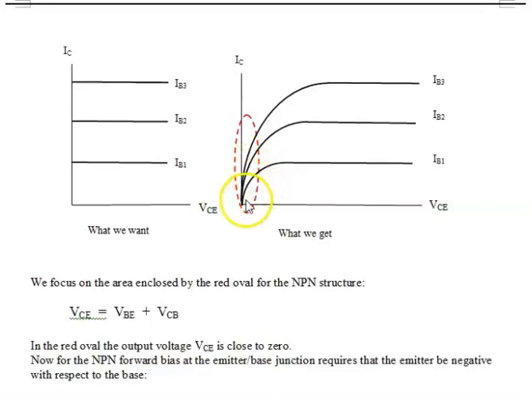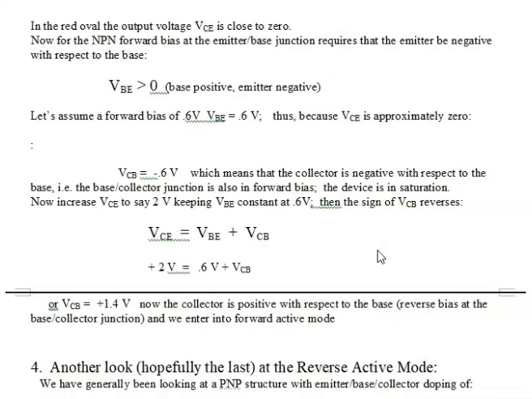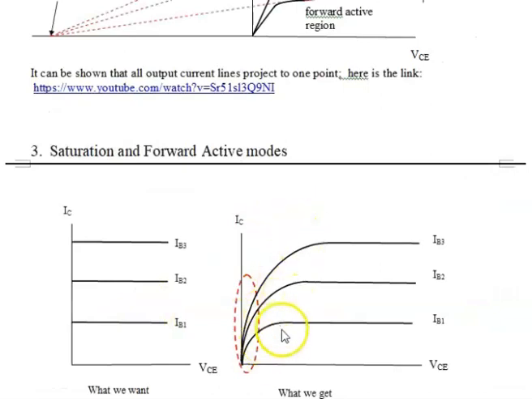So if both junctions are forward biased, I get very little current, and that is exactly what we expect in the saturation mode. In order to go to the forward active mode, I have to increase VCE to approximately 2 volts, and then keeping VBE constant at 0.6 means that VCB will be 1.4, and that is enough to go into the forward active mode.